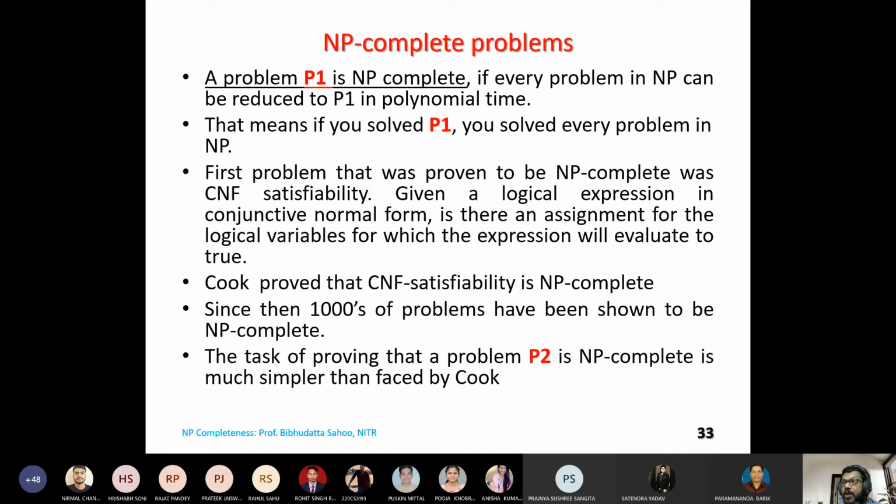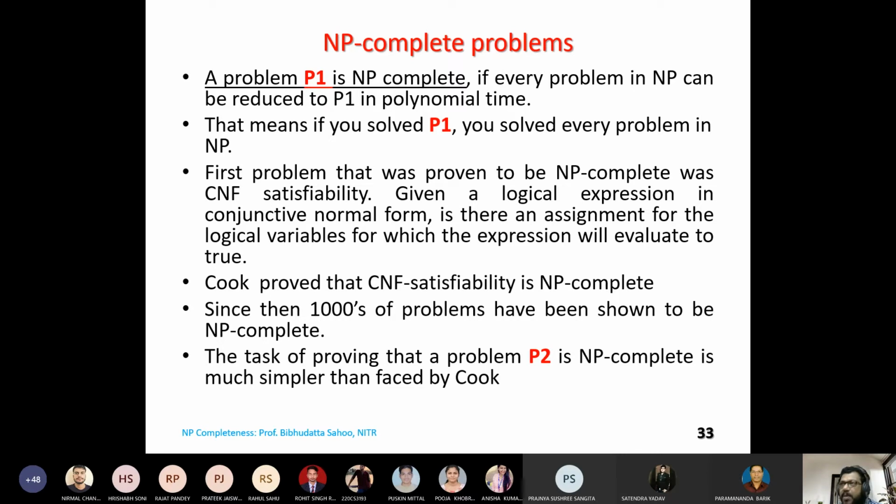The problem which belongs to NP, you try to prove whether it is NP complete or not. So to prove any problem to be NP complete, first it must be within NP, right? Once a problem is in NP, you try to prove that the problem is NP complete. Clear? Again I repeat, the problem must be in NP.